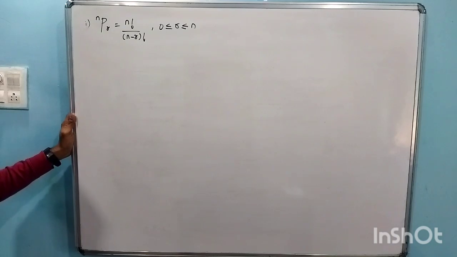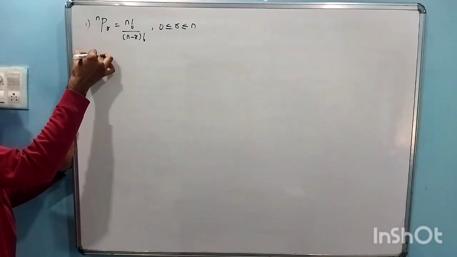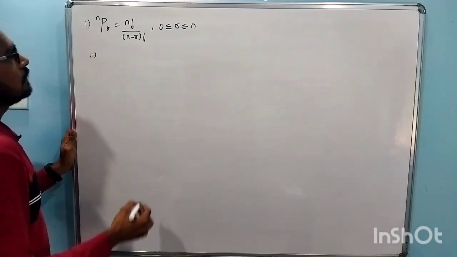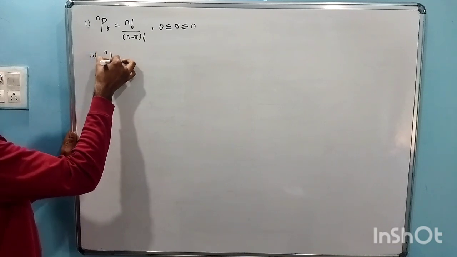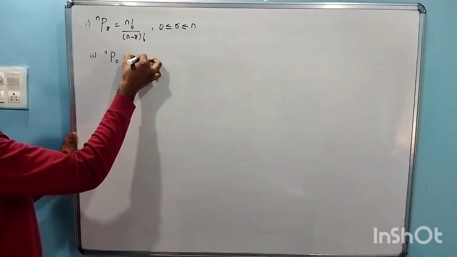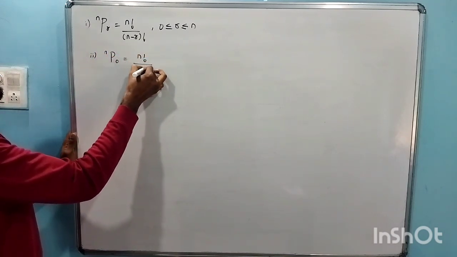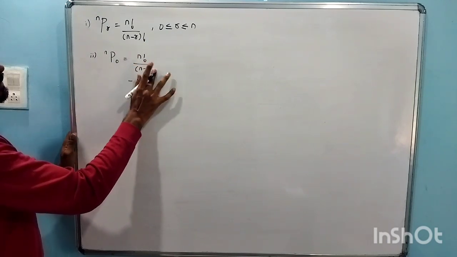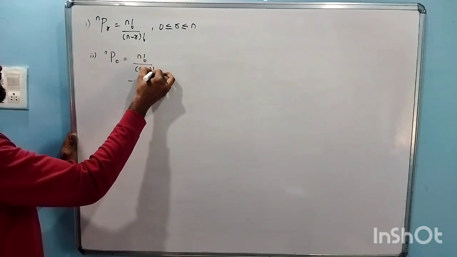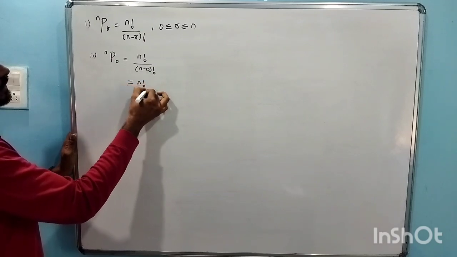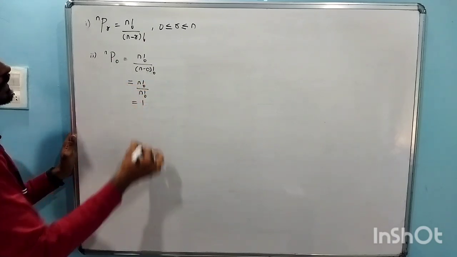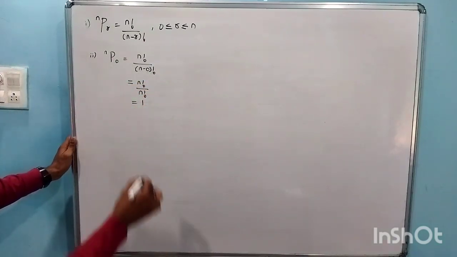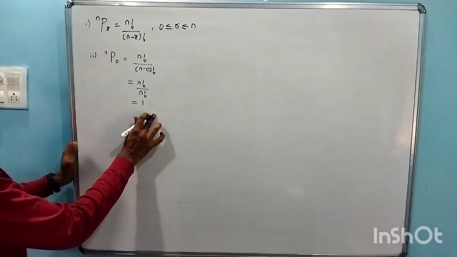First, okay, what is nP0? n factorial upon n minus 0 factorial, which is n factorial upon n factorial, which is 1, correct? So nP0 is 1.